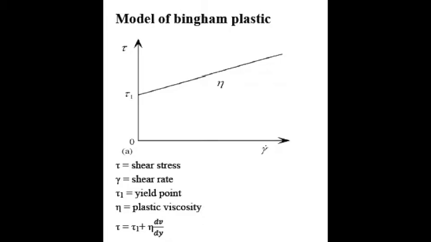The fluid of toothpaste obeys the model as the figure shows. Plastic viscosity is the slope of the line and yield point is the threshold stress. It presents a linear behavior between shear stress and shear rate after putting on an initial force.